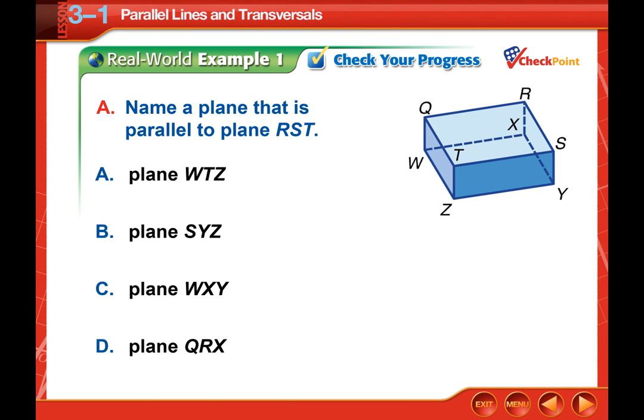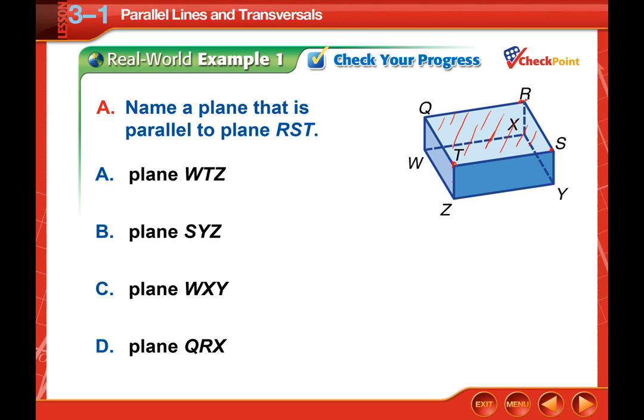Okay, so we need to name a plane that is parallel to plane RST. Okay, RST, we're looking at this point, this, and this. So we're dealing with this top plane, the top surface of this box. To be parallel, it's certainly not going to be any of the sides that are coming down.